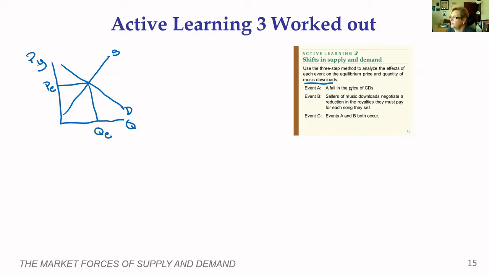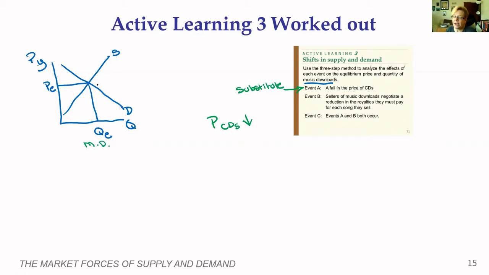Now, a fall in the price of CDs. So the first thing I want to think about here is, what are CDs to music downloads? Well, event A happens to be what? A substitute. Okay, so if the price of CDs decreases, what's going to happen in the market for music downloads?